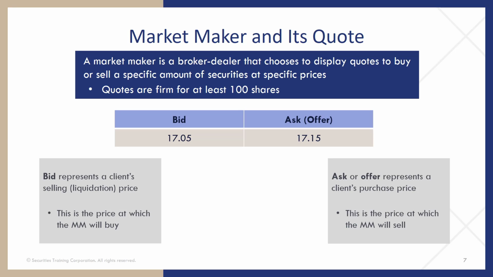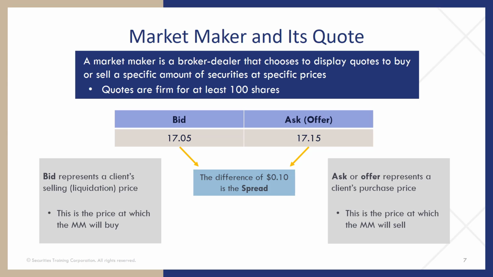If the client is buying and the brokerage firm is selling, that's called the ask or offer price. So it says ask or offer represents the client's purchase price. So if the client is buying, the brokerage firm is selling, so the market maker would sell at $17.15. The differential between those two is referred to as the spread. So the differential between the 1705 and the 1715 is referred to as the spread.